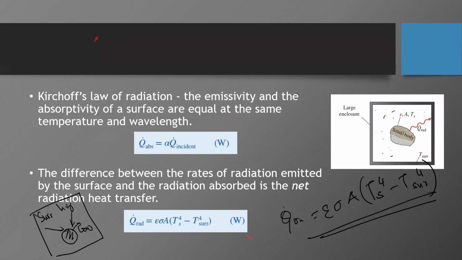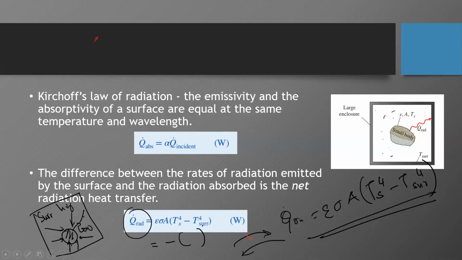So then this will change. You will get the answer in a minus value. That means the radiation heat transfer direction is wrong. If the surface has a higher temperature than the surrounding, then heat goes from surface to surrounding, otherwise surrounding to surface. So that depends.